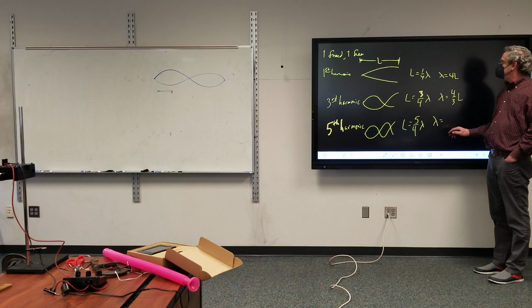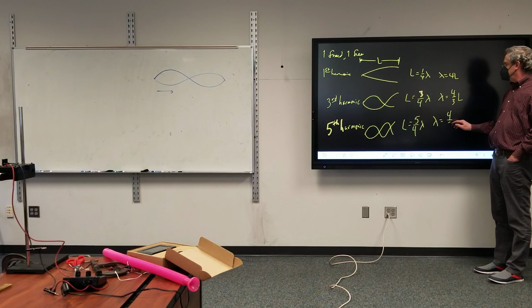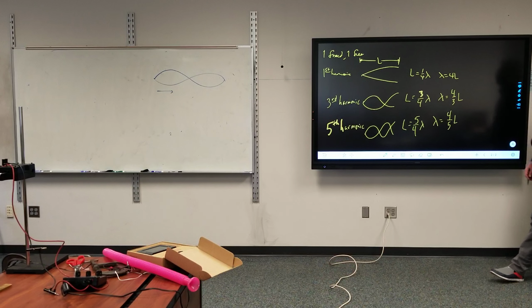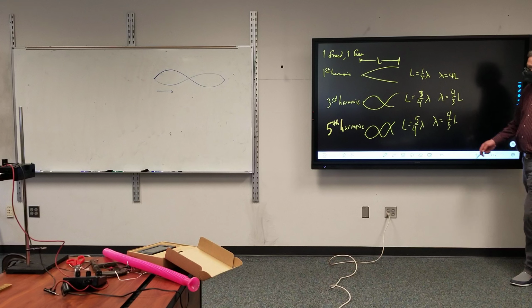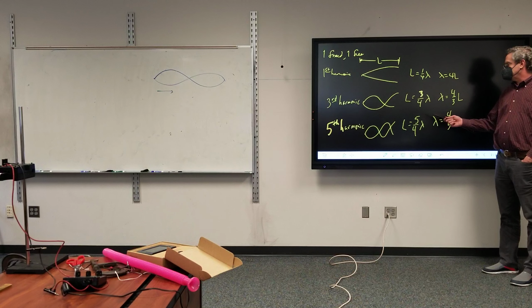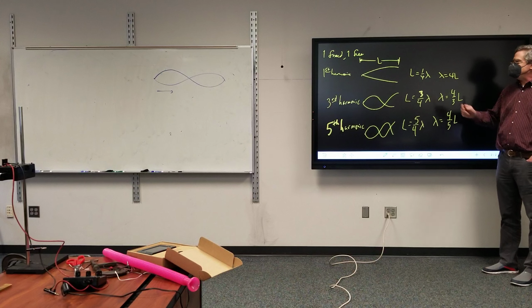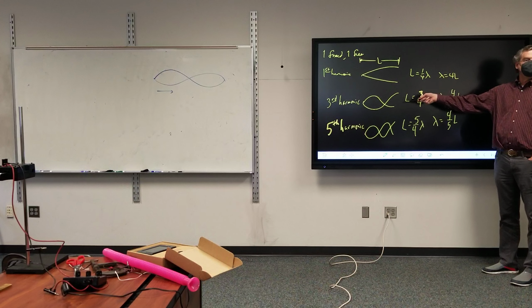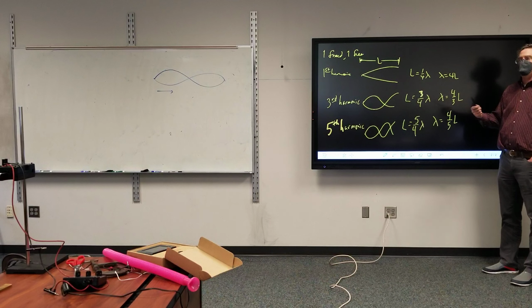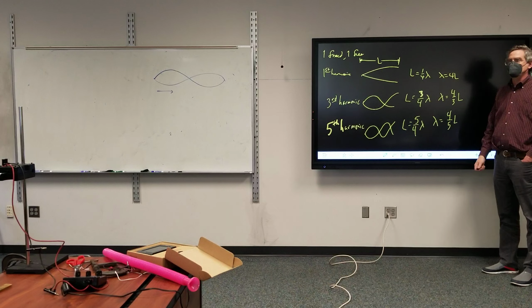So the wavelength would be 4/5 L. Notice, just like with the last one, every time we went to the next viable harmonic, we added a half a wave. So I got a quarter here plus a half, quarter plus a half is 3/4, plus a half is 5/4, plus a half would be 7/4, and so on.